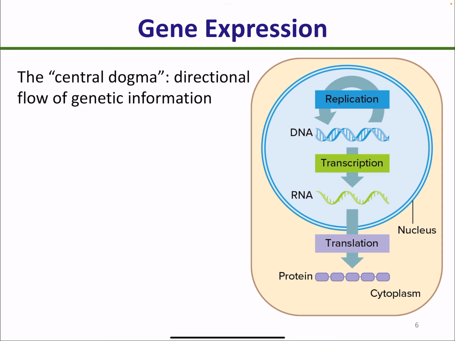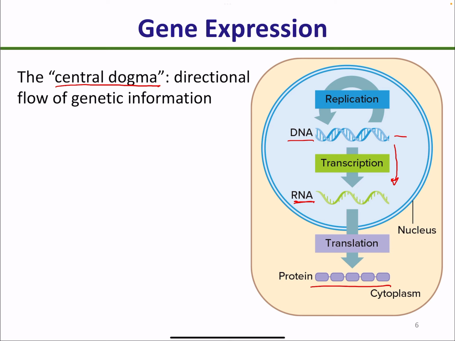So, in gene expression, we have what we call the central dogma. What is the central dogma? The central dogma says that when you consider a cell, DNA being the genetic information, that genetic information is going to be first and foremost converted from DNA to RNA, right? From DNA to RNA, and from RNA to protein.